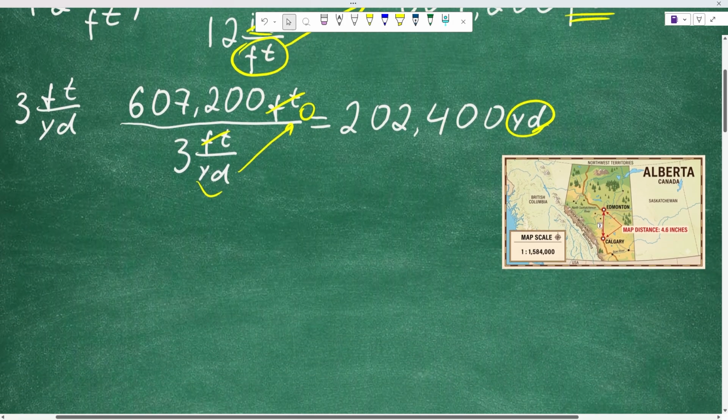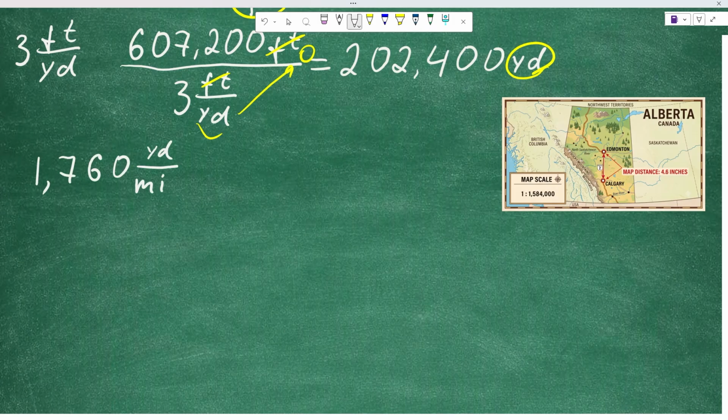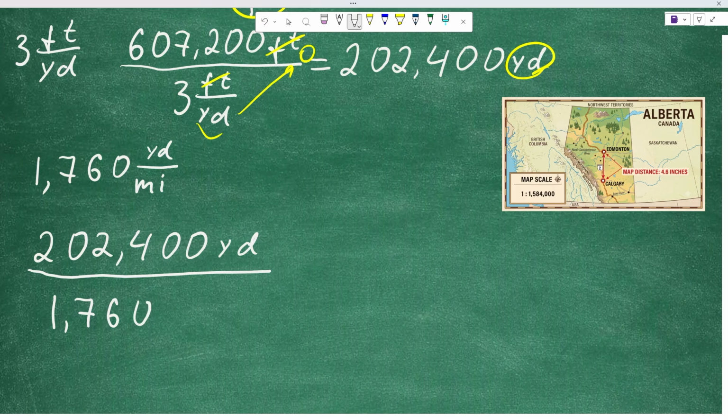Finally, let's reach our target units, miles. There are 1,760 yards in 1 mile. Dividing our total yards by 1,760 yards per mile gives us 202,400 yards divided by 1,760 yards per mile is 115 miles.